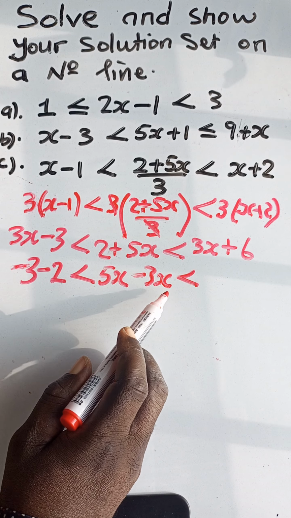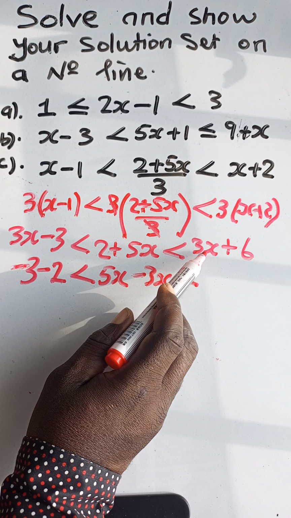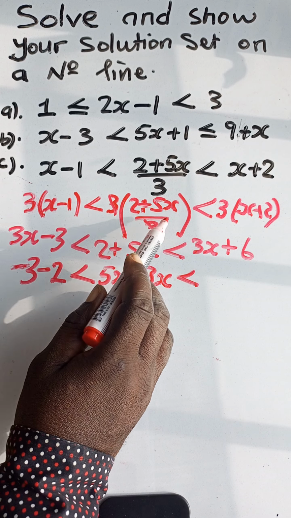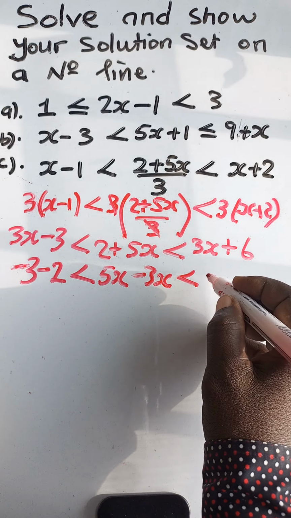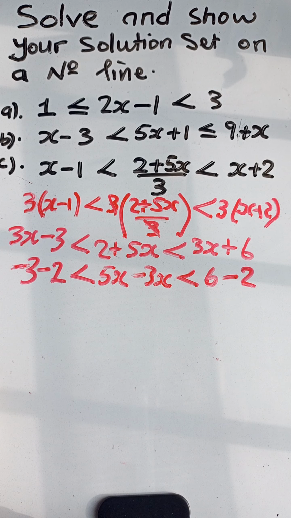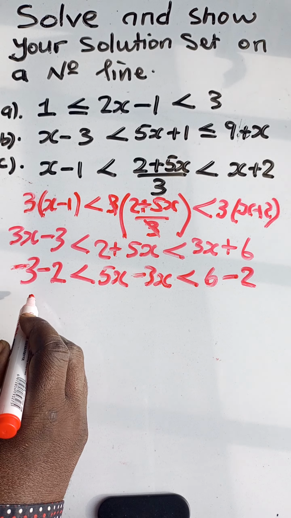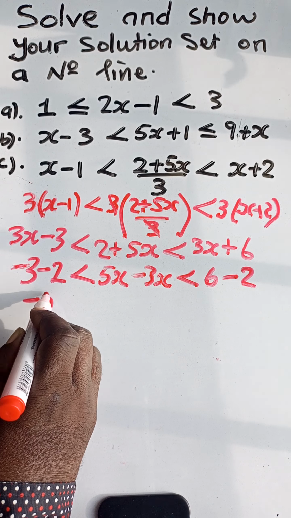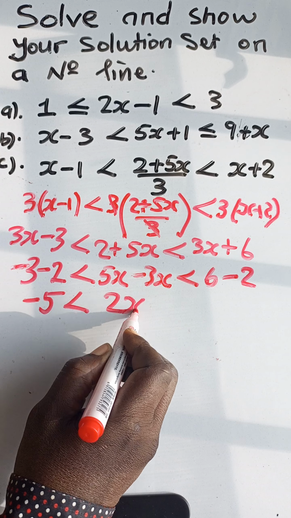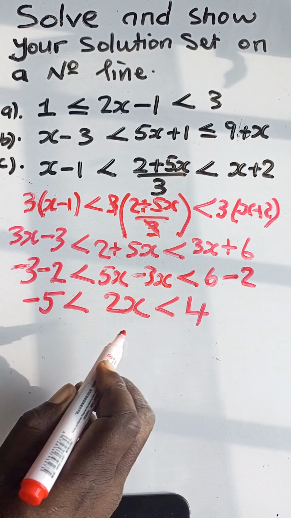We do the same gymnastics this way. We take the positive 3x this way, it becomes negative 3x, and this positive 2 that way becomes negative 2. So we have 6 minus 2. Now here we have negative 5 less than 5x minus 3x, which is 2x, less than 4.